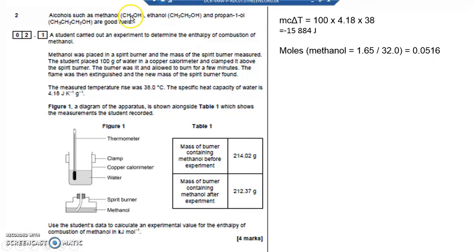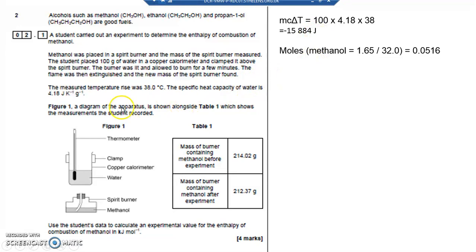I know that methanol is CH3OH, that's a 12, add 3 ones, add a 16, add a 1, so it's got a relative formula mass of 32, and moles is mass divided by relative formula mass. I've got 0.0516 moles of methanol. So 0.0516 moles of methanol gives out 15,884 joules of energy.